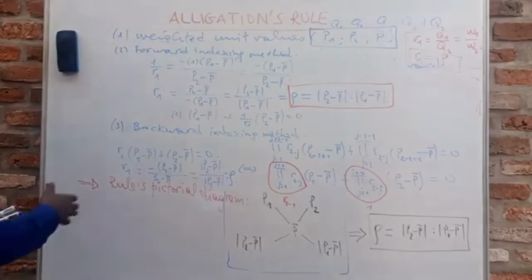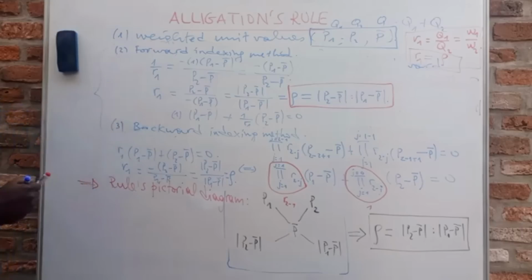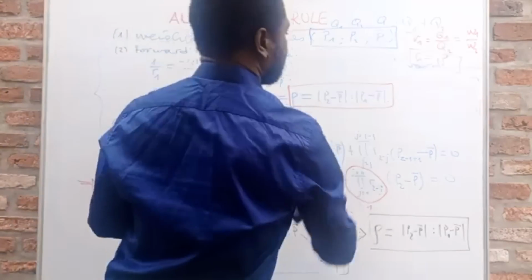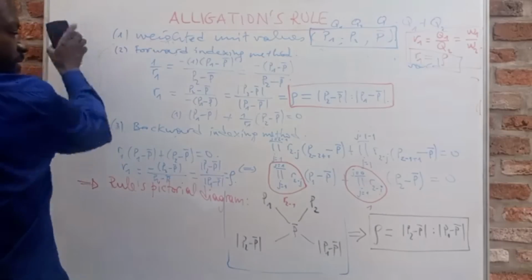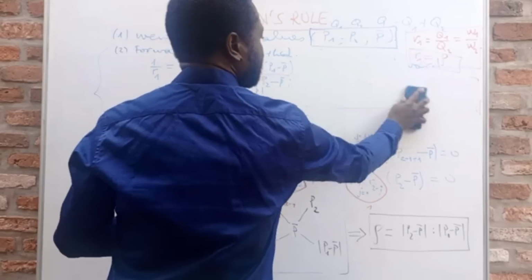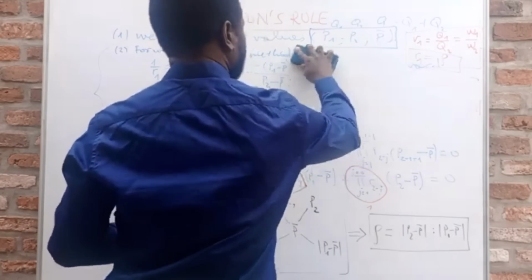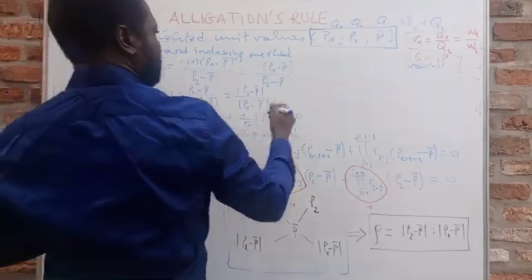Now, to complete the two methods, the indexing method, we can go back to the calculation of weights. So in the first method, we can calculate weights here. How are weights calculated in the indexing method?